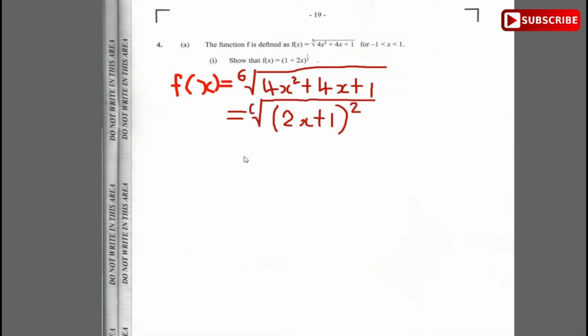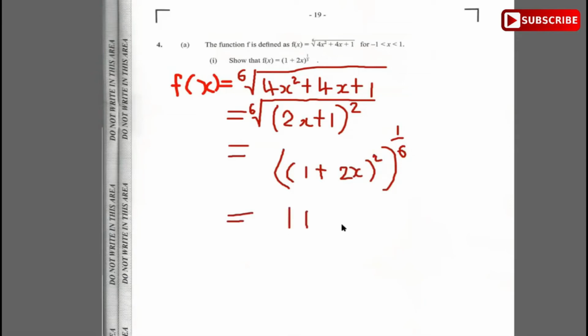Now remember, addition is commutative, so we can reorder that as 1 plus 2x being squared. The 6th root can be written as raised to the 1/6 power. But then, by laws of indices, this is really 1 plus 2x to the 1/3 power, because it becomes 2 times 1/6.